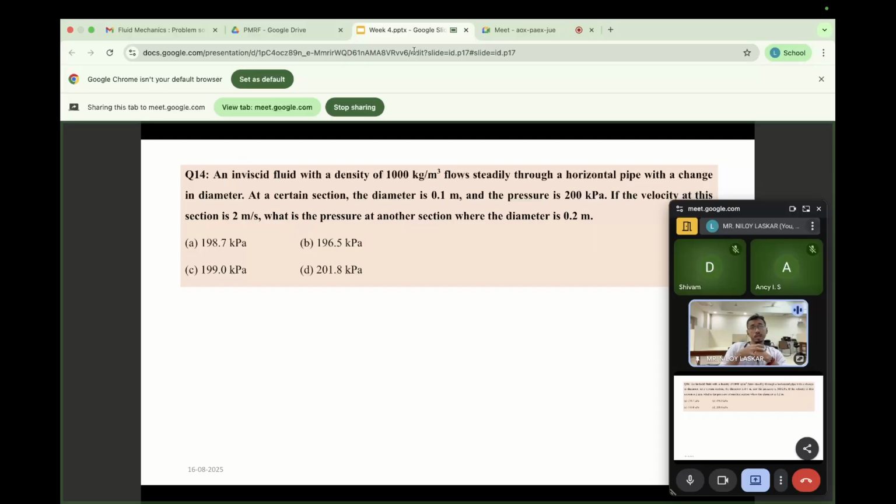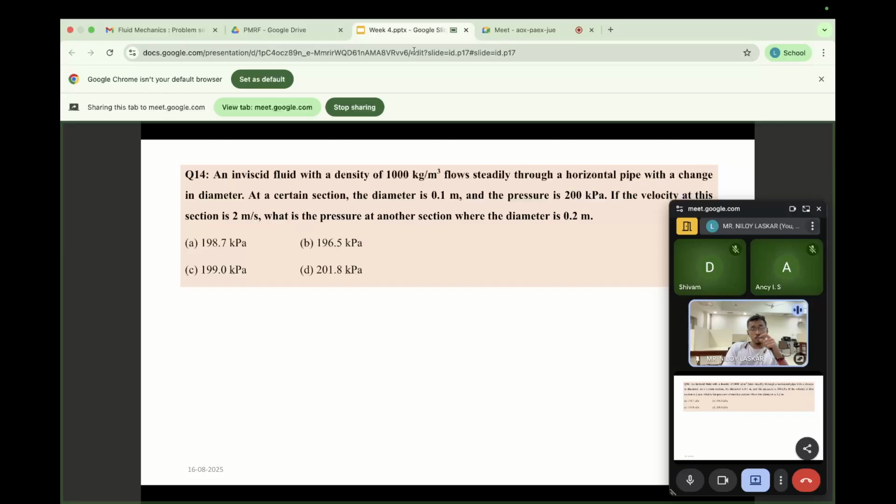Two sections are there. In one section diameter and pressure are given, and in another section diameter is given but pressure is not given. You are asked to find the pressure at section 2.